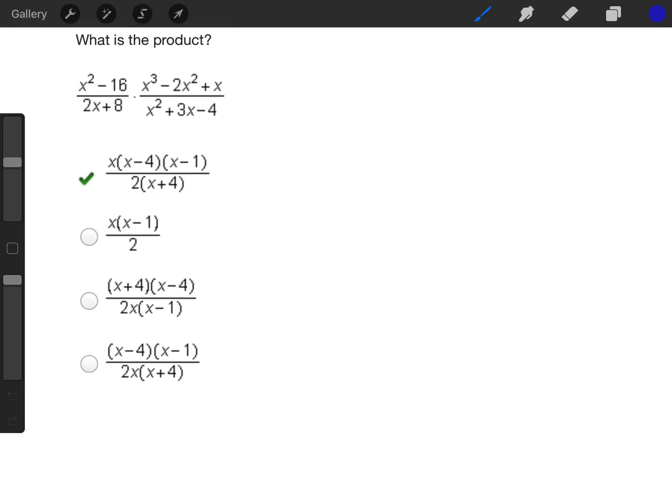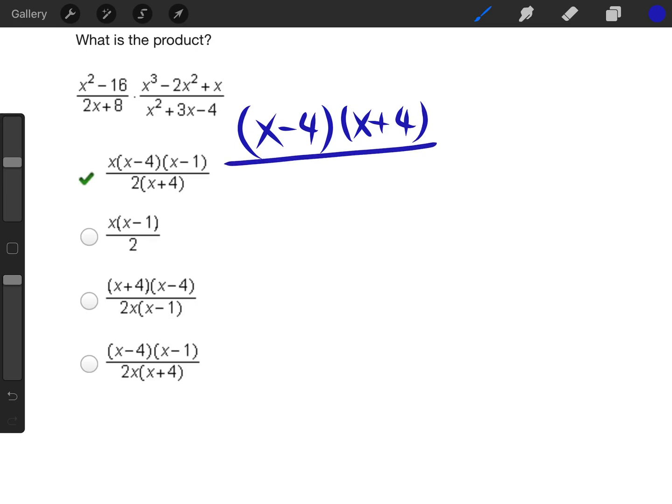So what's the product here? So x squared minus 16, I'm going to rewrite as x minus 4 times x plus 4. Okay, on the bottom, I'm going to factor out the 2, so it's going to be 2 times x plus 4.